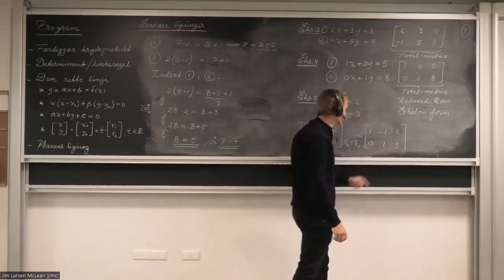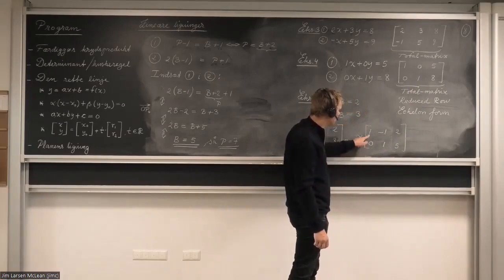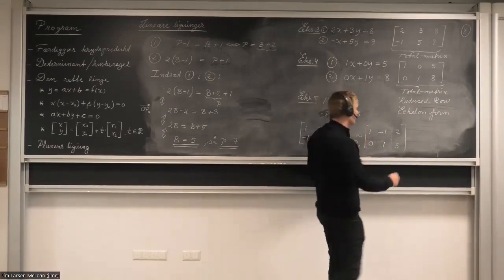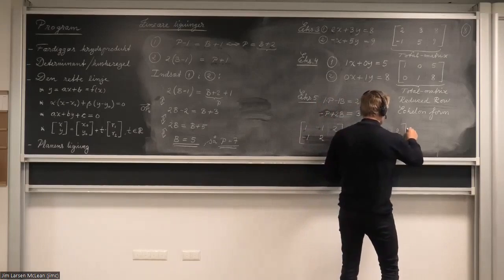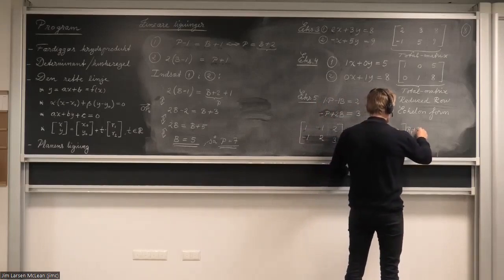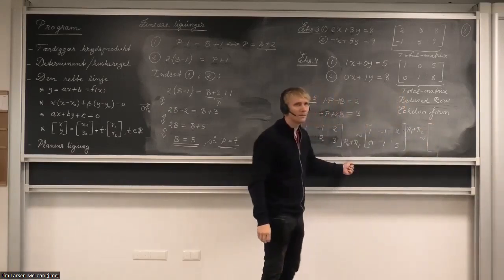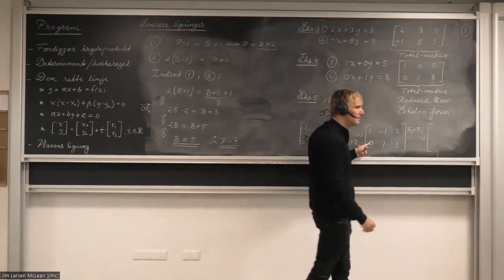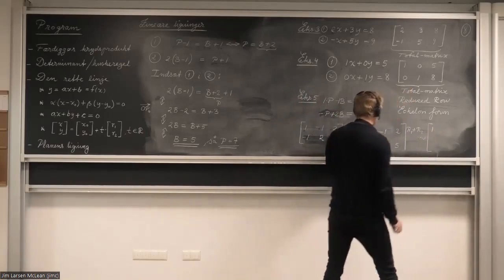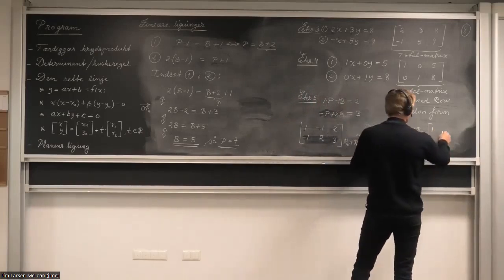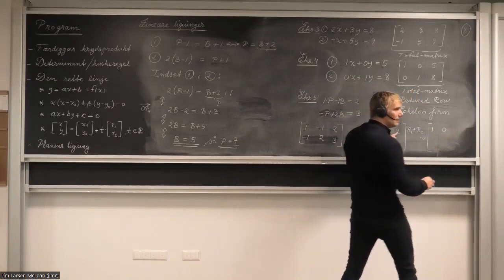So the only thing we need is to get a 0. And we just do the clever thing of adding row 2 to row 1. So now I replace the old row 1 with row 1 plus row 2. And what will it say then? This plus this is 0. That plus that.